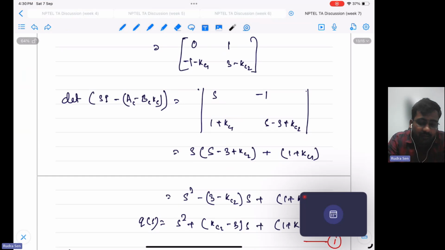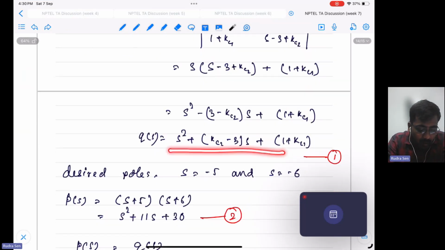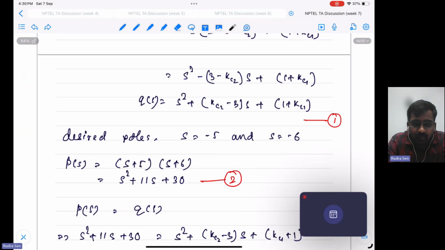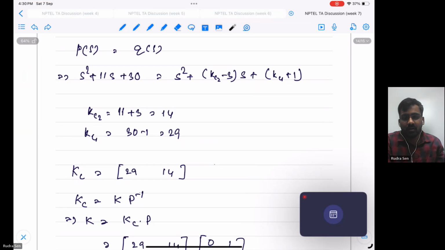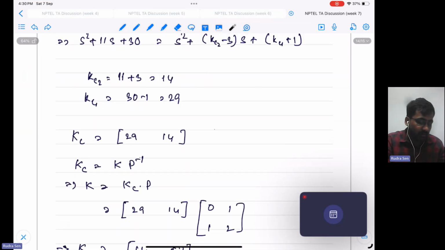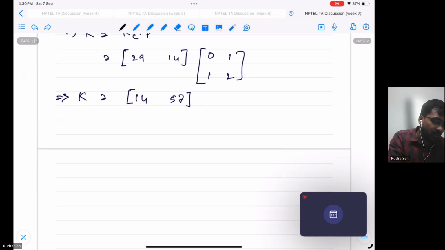So it is very easy to find the characteristic equation, and computationally it is very efficient. If your system matrix is very small, this procedure is not required, but for a higher dimension system it is required. So this is your final answer.